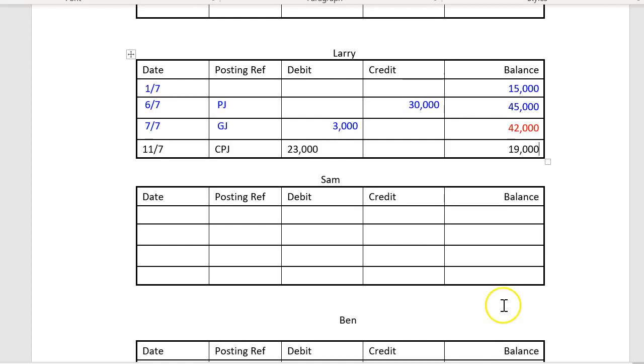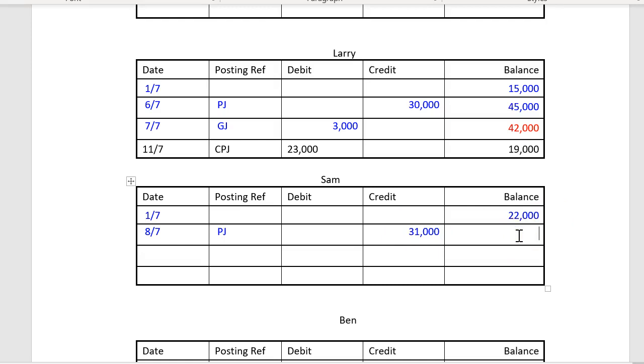Okay, let's move on to the next supplier, Sam. Sam's opening balance is 22,000. Did they purchase from Sam? Yes, they did, 8th of July. Purchases journal, 31,000.